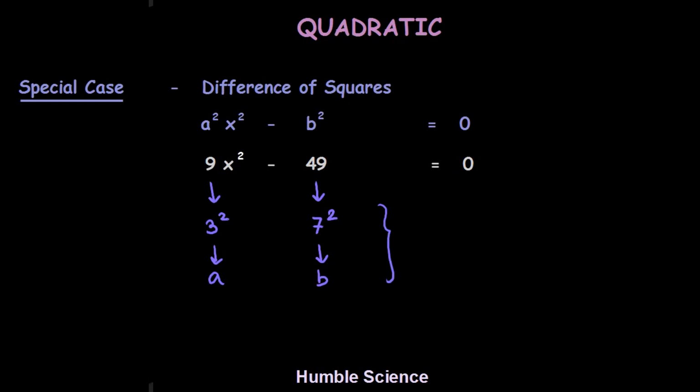From here, x is going to be equal to plus 7 over 3 or minus 7 over 3, and these are the answers.